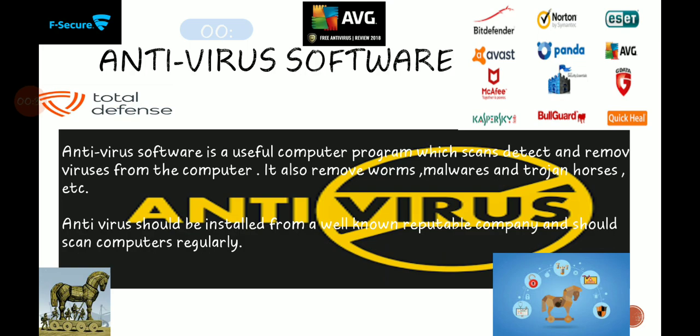So what are worms? Worms use a computer network to spread themselves. It is a virus which spreads itself relying on security failure. If the security is very low, it spreads itself. Okay.